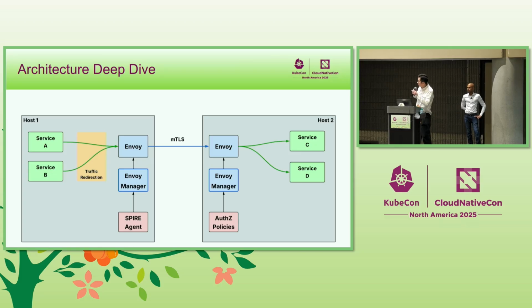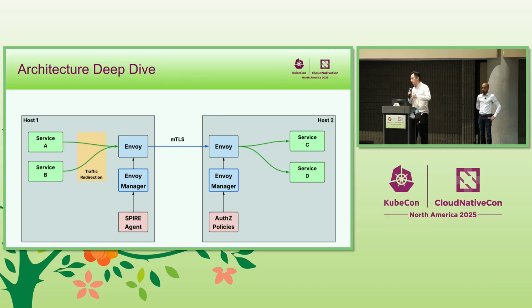On the left side of the diagram, it shows we have the Envoy and Envoy Manager deployed as a host agent. Envoy Manager is our home-built program written in Go that is responsible for managing the lifecycle of Envoy and its configuration, and also talks to some other host agents to fetch certificates and other stuff and push those things to Envoy.